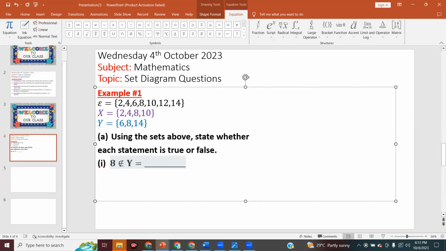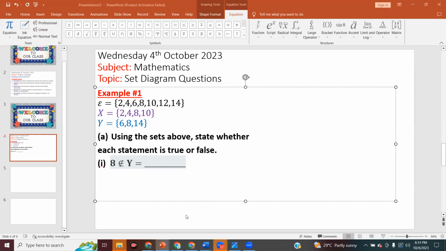Don't say it out loud. Tell me what you think. Using the sets above, say whether each statement is true or false. So we have 8, this symbol, and then Y. What does that mean? Is it true or is it false?